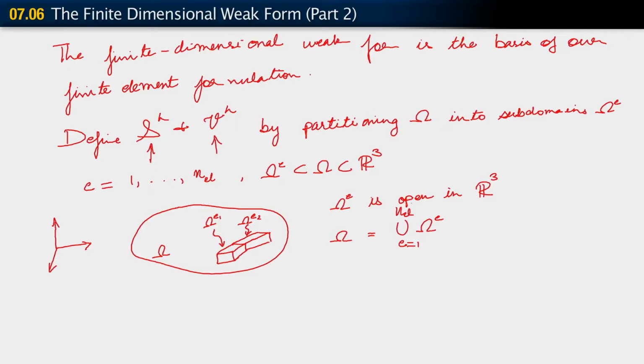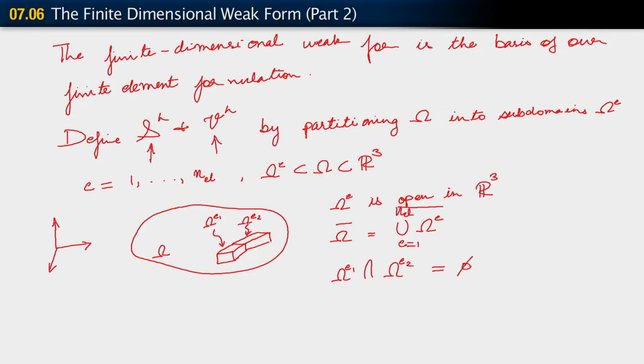And you recall that as in the 1D problem, to make sure that we pick up all the interface points, the points at the interface between two of these element subdomains, we apply closure on the left and right. And that is an equality. All right, and of course we also know that omega E1 intersection omega E2 is the null set.